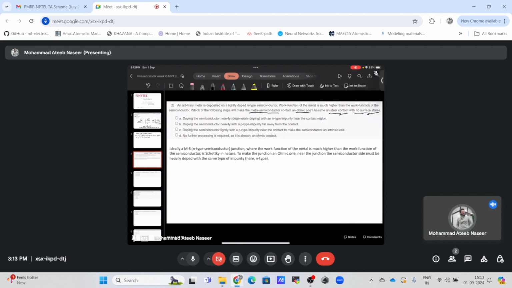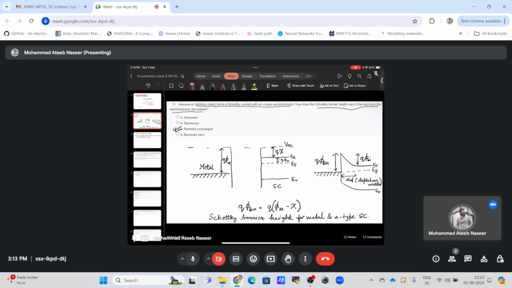So when this arbitrary metal is deposited on a lightly doped n-type semiconductor, and the work function of the metal is much higher than the work function of the semiconductor, we have seen previously that the metal work function was higher than the semiconductor work function. So how can we enhance this to obtain an ohmic contact?